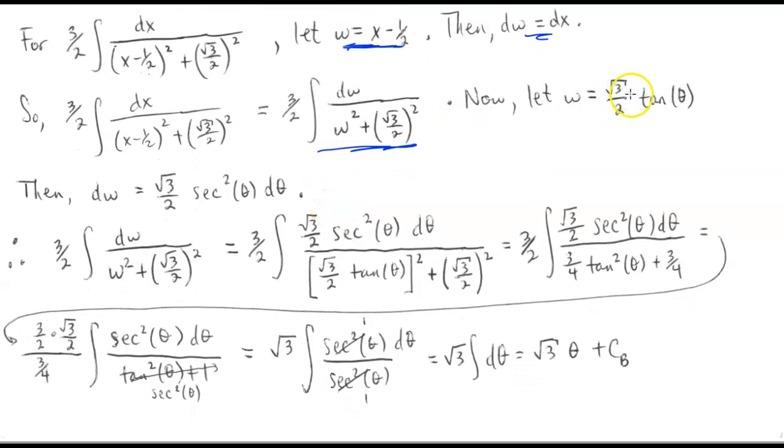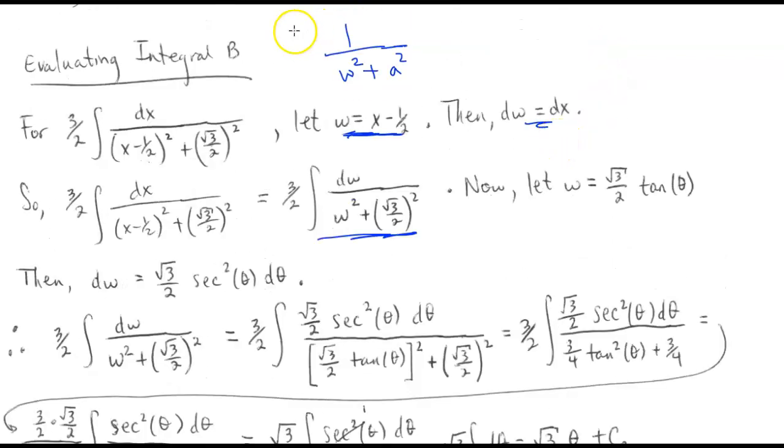So here, I use that w is equal to square root of 3 over 2 tangent of theta, and I'm doing that because, again, if we look at this, this looks very similar to tangent squared theta plus 1. Okay. And if I was to make this 1 over a squared, then I would have to have a squared here.